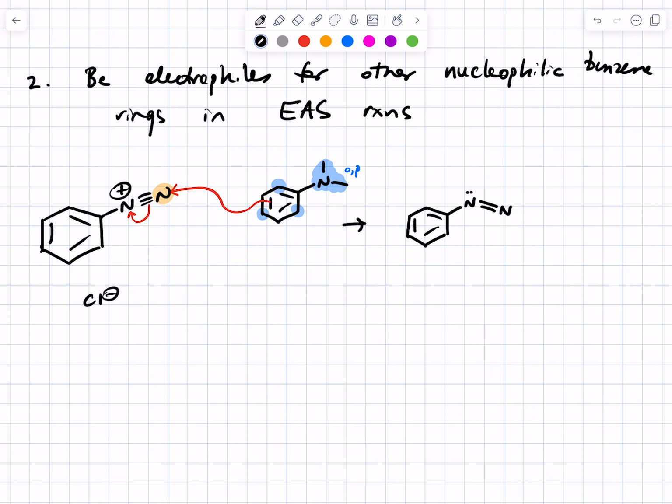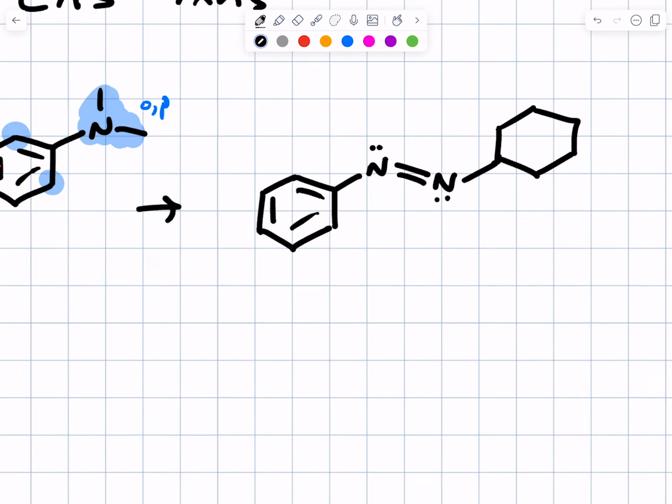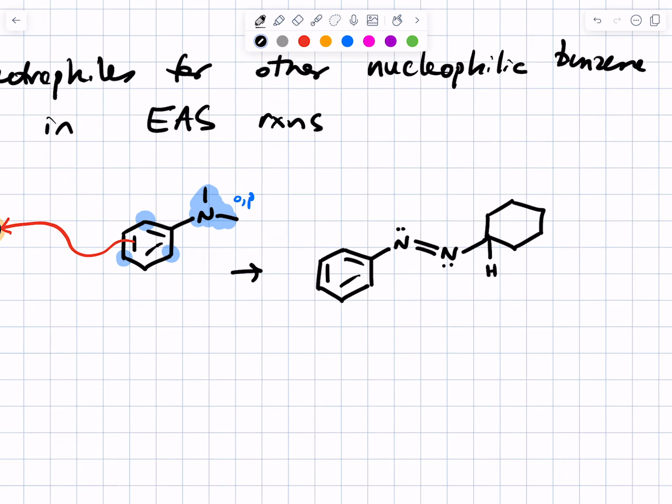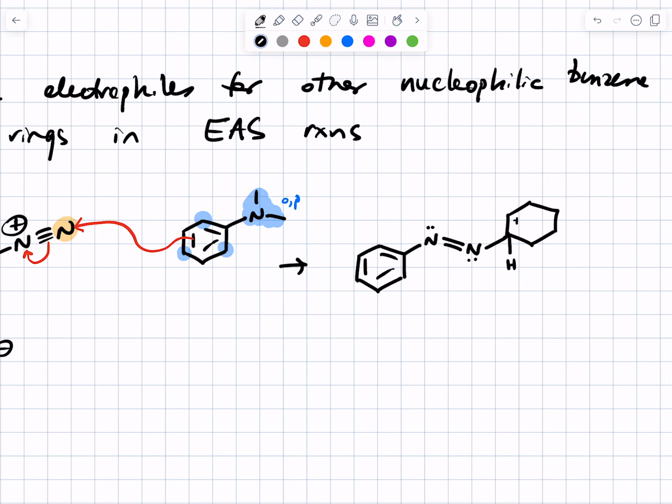The geometry is no longer sp hybridized, but sp2, and you get this sort of geometry. On the other side, here is a hydrogen. We've destroyed aromaticity. There's a positive charge on this carbon. That positive charge is stabilized by resonance with lone pairs on the aniline directing group.